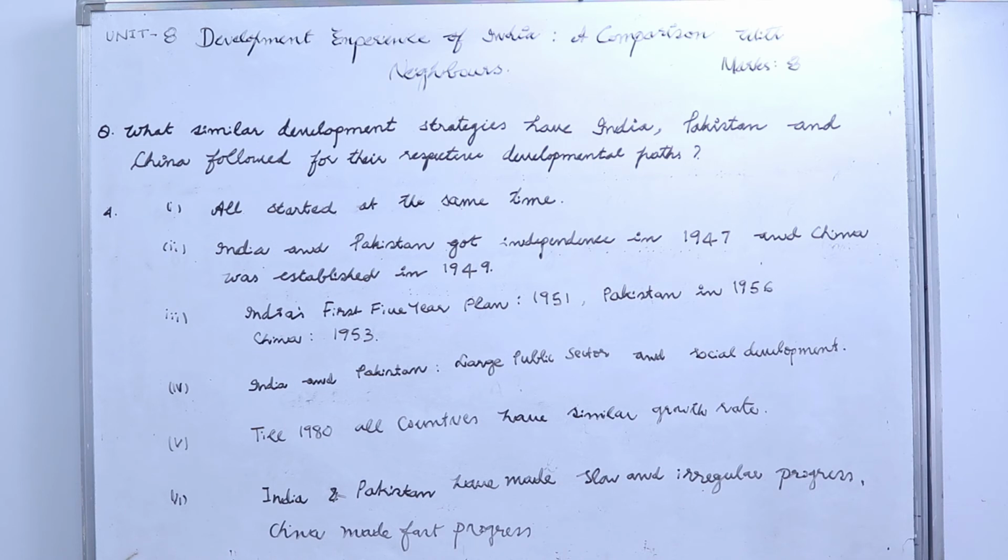India and Pakistan adopted similar strategies such as creating a large public sector and raising public expenditure on social development. Until the 1980s, all three countries had similar growth rates and per capita incomes. Later, all three countries performed differently. India and Pakistan have made slow and irregular progress as compared to China, which has made fast progress.